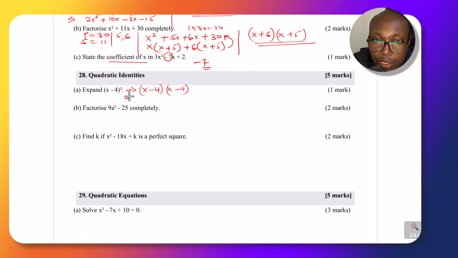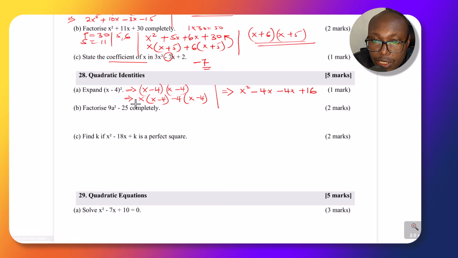And when you expand these, you take x, multiply by the second bracket, which is x subtract 4, then take negative 4, multiply by x minus 4, and this gives x times x, x squared, x times negative 4, negative 4x, then negative 4 times x, this is negative 4x, negative 4 times negative 4, that will be positive 16.